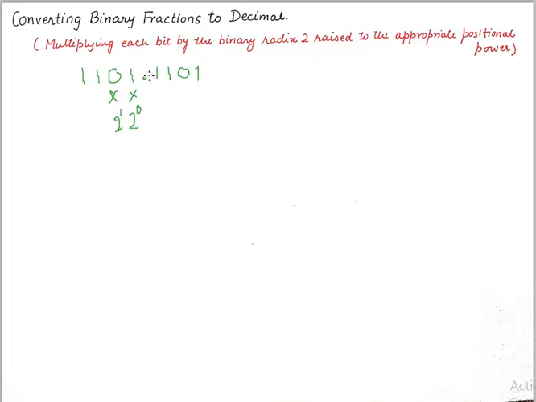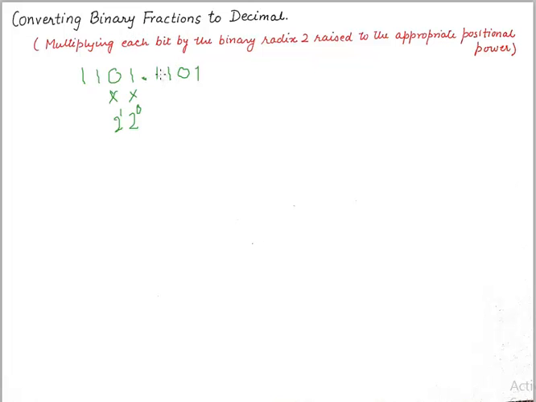And taking the same concept and extrapolating it on the right side of this decimal point, from this point is the fractional part, and that is what we wish to cover in this tutorial. We wish to convert a binary fraction into decimal.